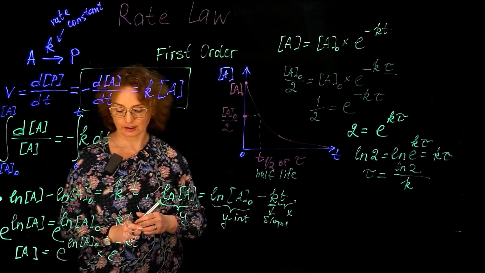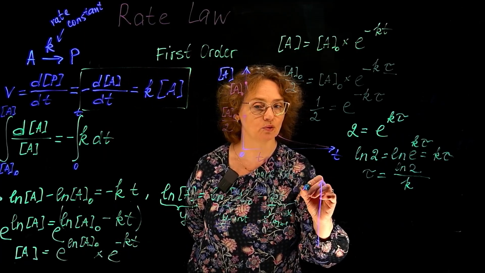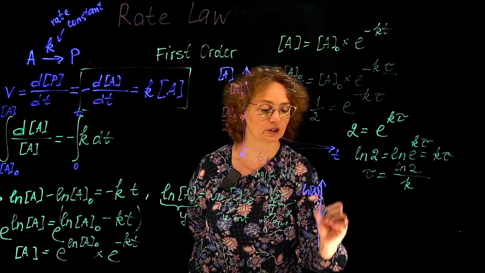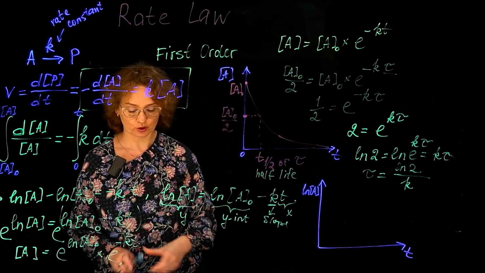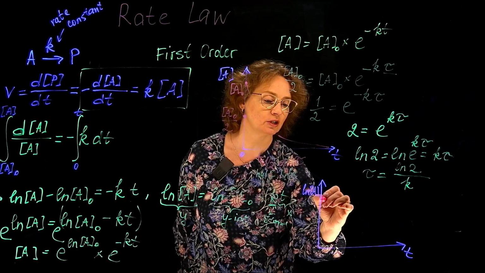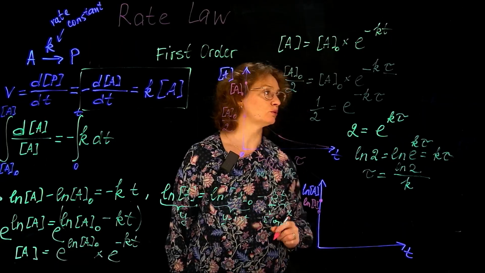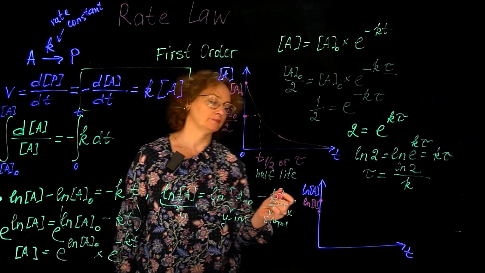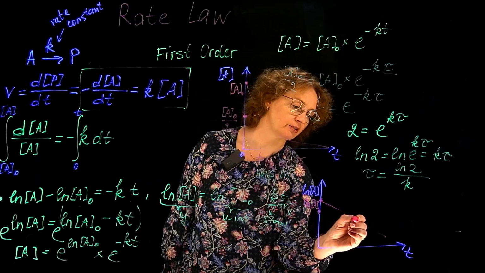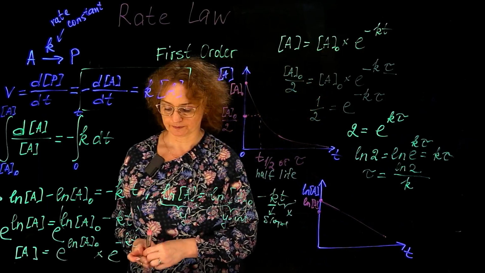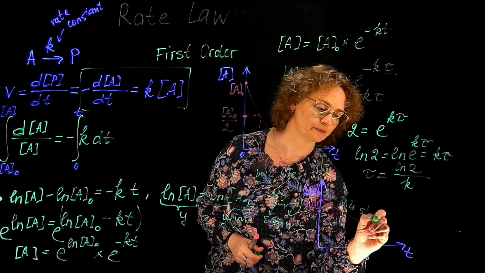So if we graph the logarithm of reactant concentration as a function of time, we expect to start with this initial point, which is equal to the natural logarithm of the starting reactant concentration, and we expect it to drop linearly. k here is the slope.